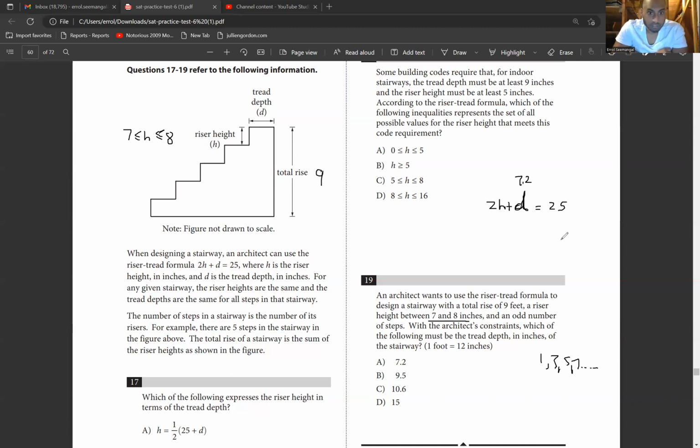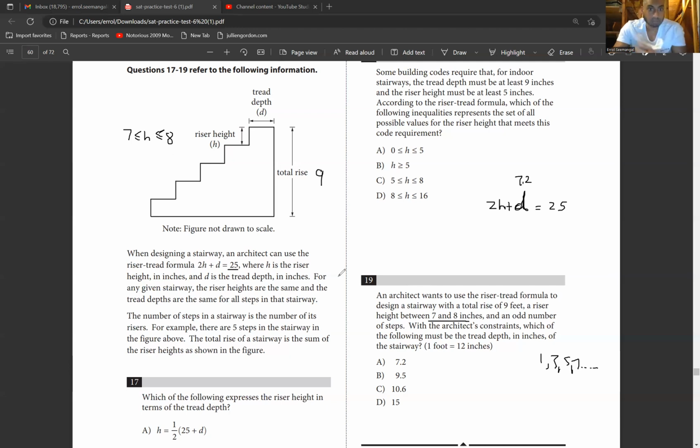The number of steps in a stairway is the number of its risers. For example, there are 5 steps in the stairway in the figure above. The total rise of stairways is the sum of the riser heights as shown in the figure. So we changed the total rise from 25 to 9 feet. Why do they have 25 here?